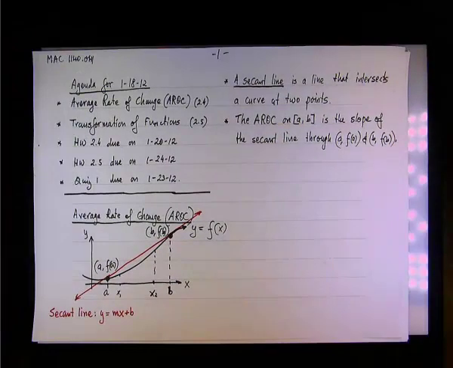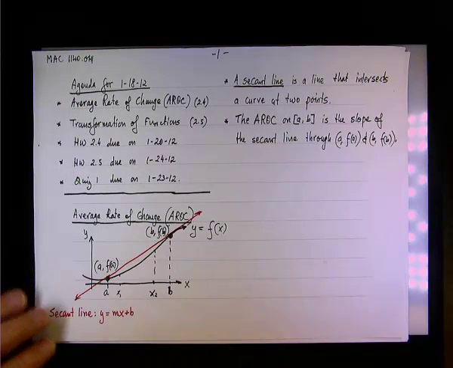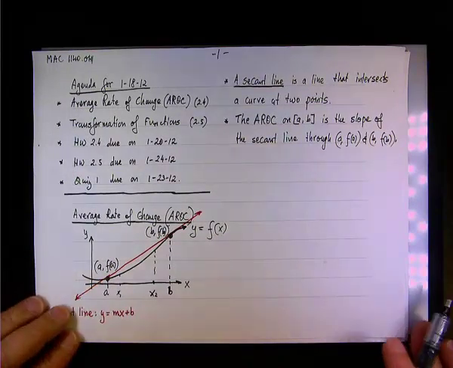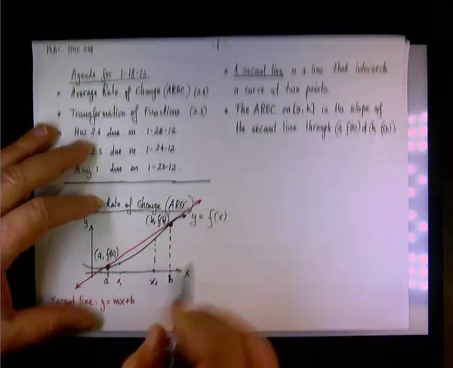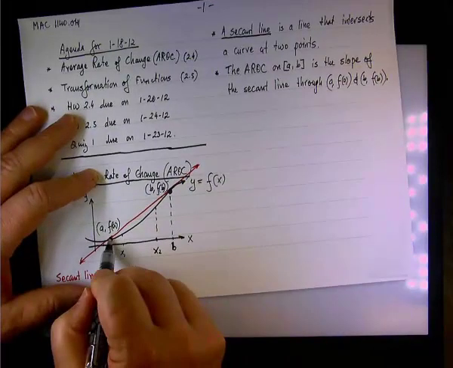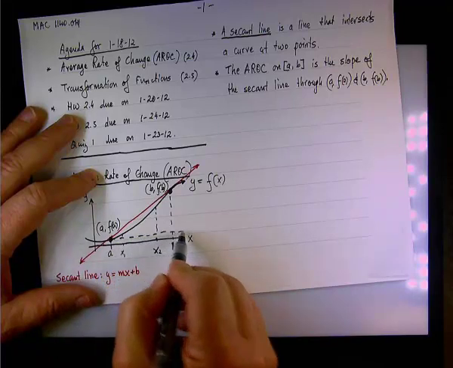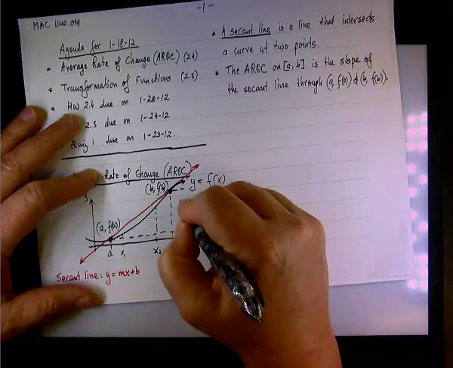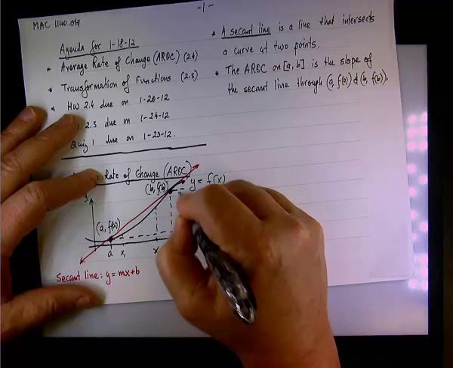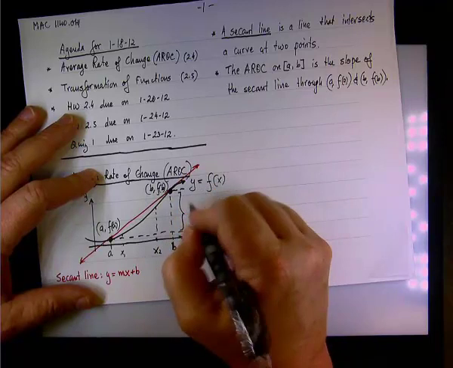What is the slope of the line passing through 2 points? Well, it's rise over run. So let's see, what is the rise as we go from x equal A to x equal B? Well, this is F of A, and this is F of B, and this length right there is the rise.